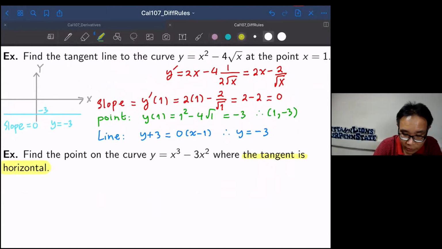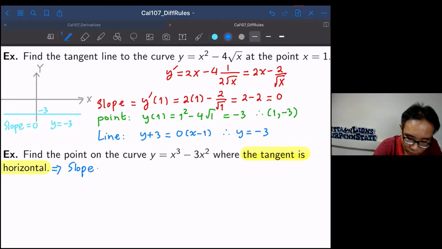What does it mean? It means that slope equal to 0.